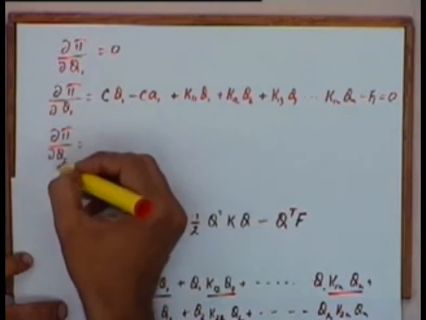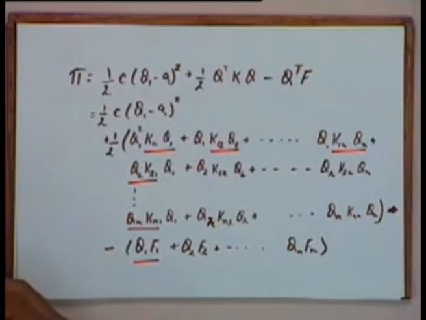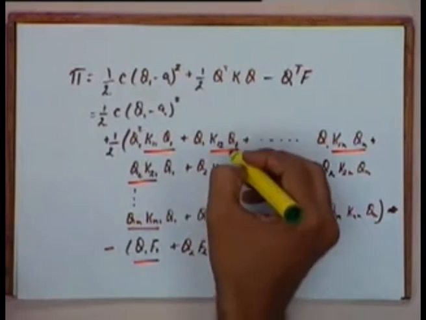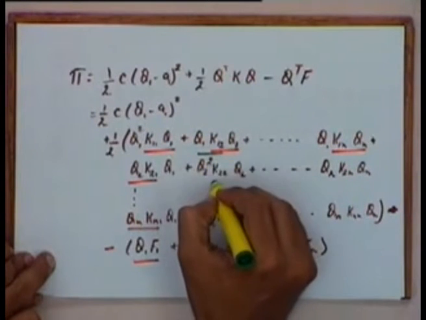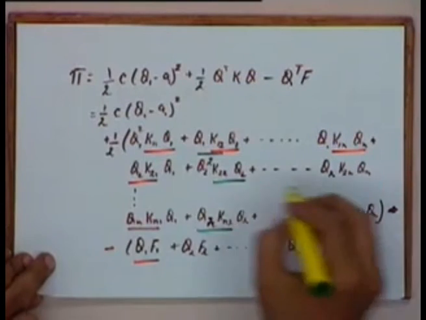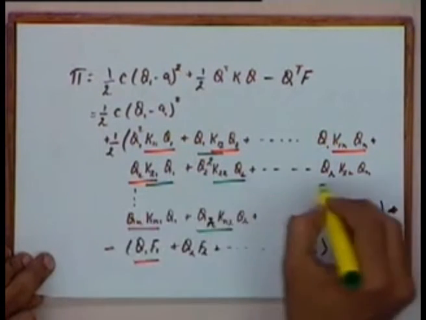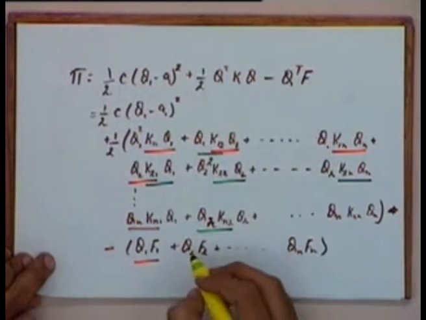Similarly, when I differentiate with respect to q2, I will get this term, I will get 2 times this term, I will get this term and so on, and on this side I will get this term, so on, and this term. Just like we differentiated last time.